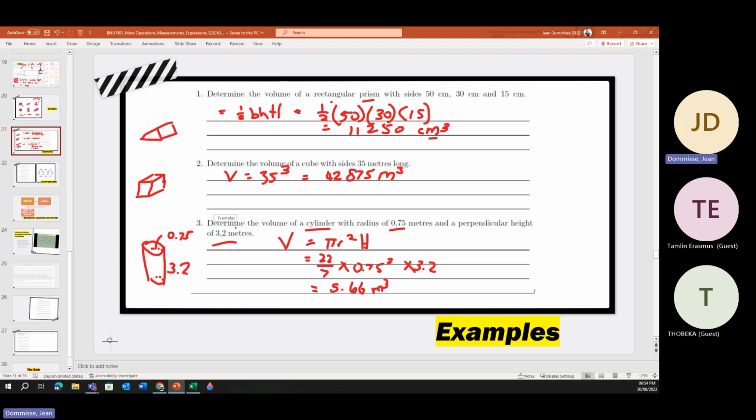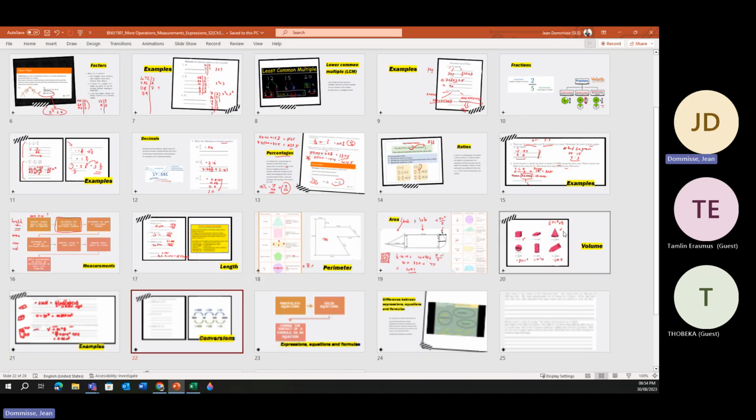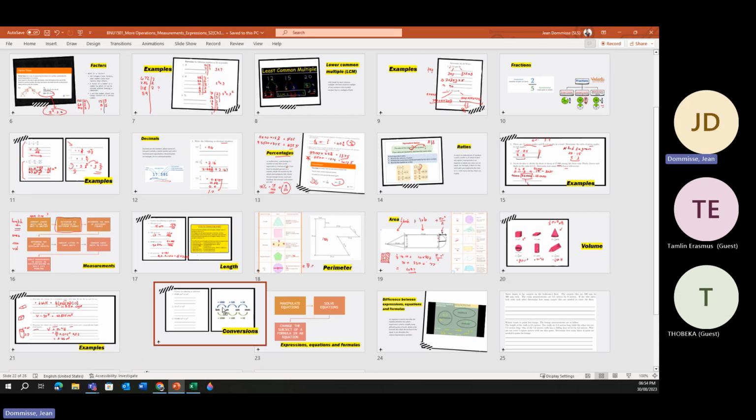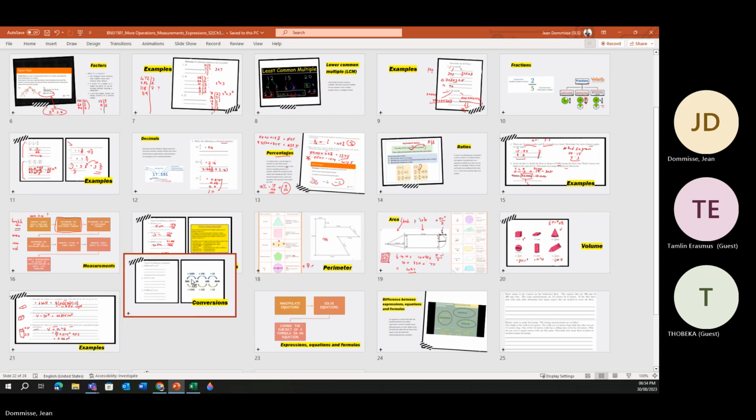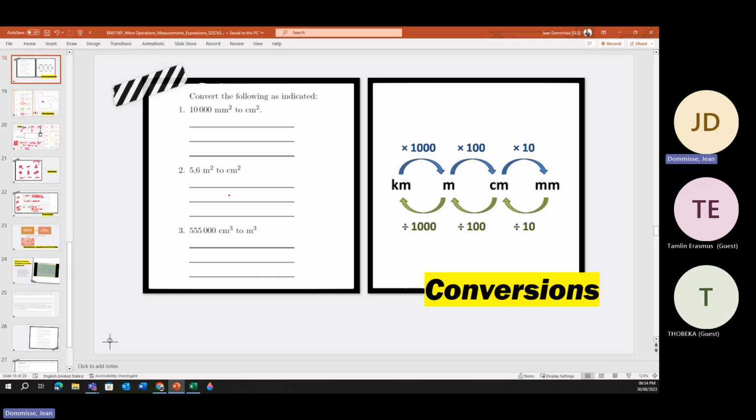Okay, so let us just get to the next one, and this should have been nearly part of those ones for conversions.